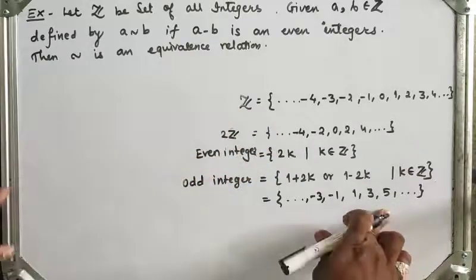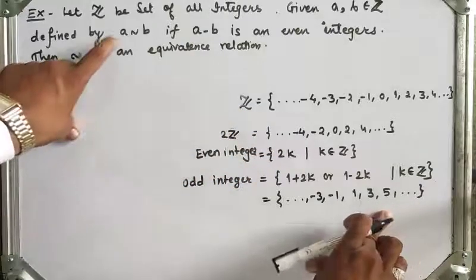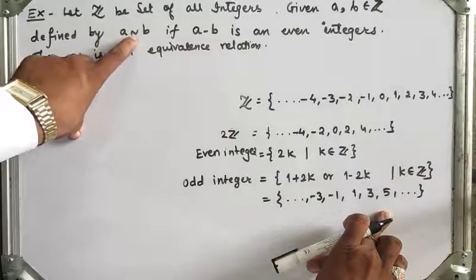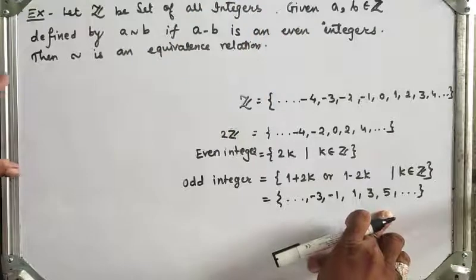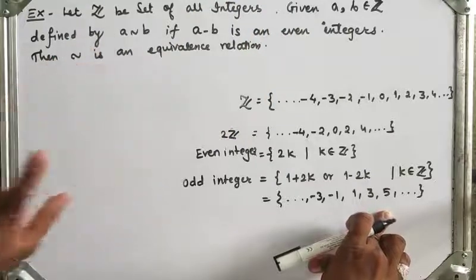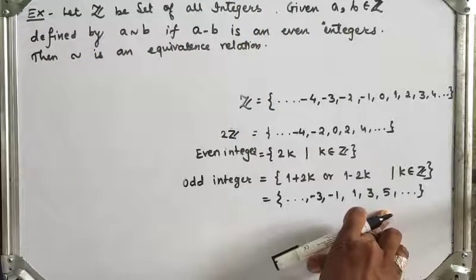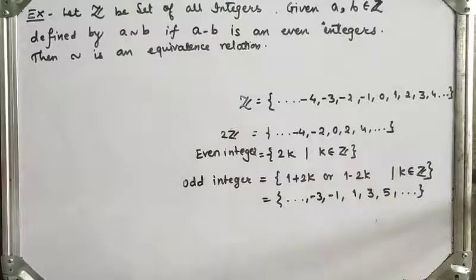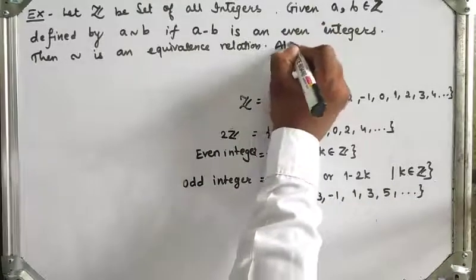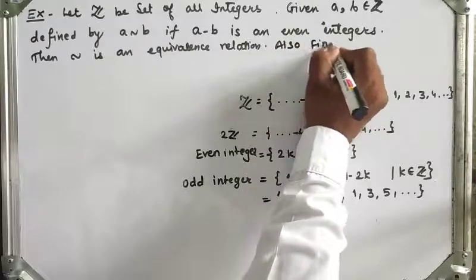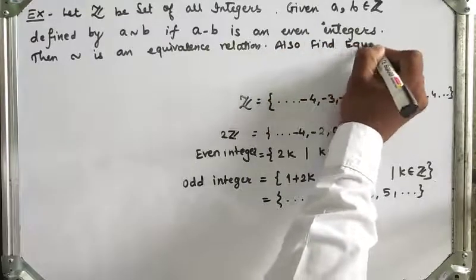These are the odd integers. So what we have been given here is a is equivalent to b if a minus b is an even integer. We have to show that tilde is an equivalence relation. Then also find the equivalence classes.